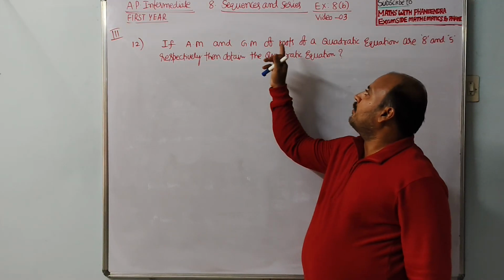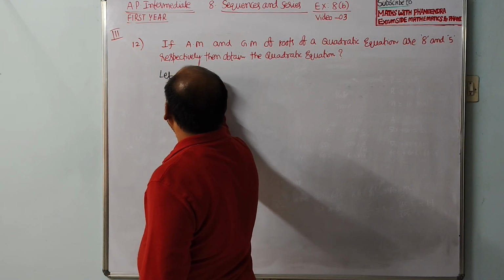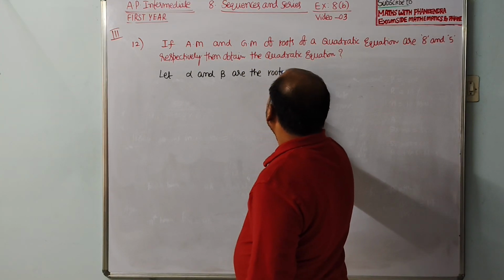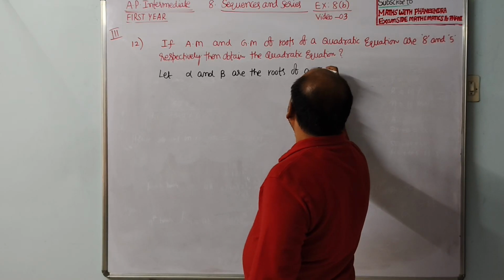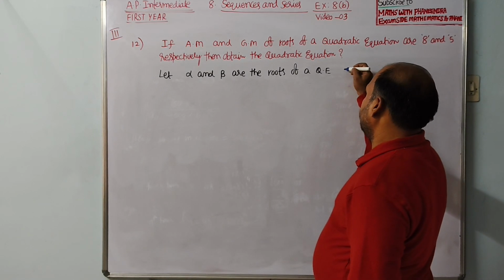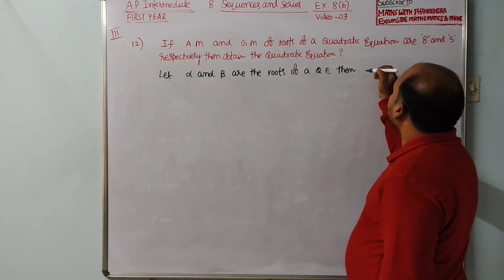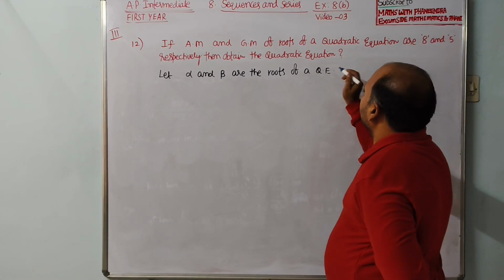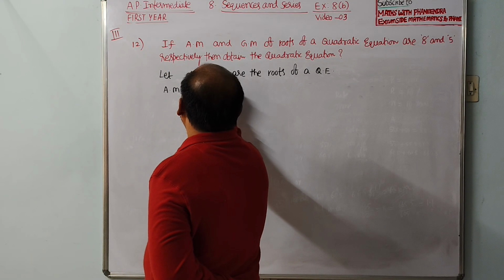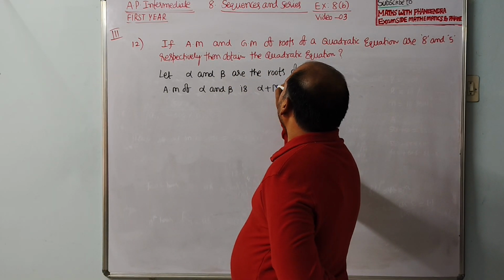If arithmetic mean and geometric mean of roots of the quadratic equation... See here, let alpha and beta be the roots of a quadratic equation, then arithmetic mean of alpha and beta is alpha plus beta by 2.